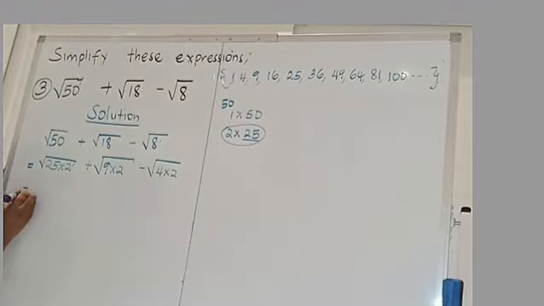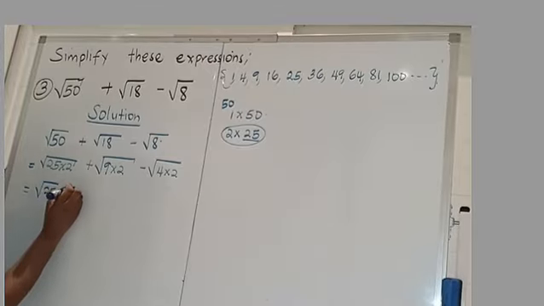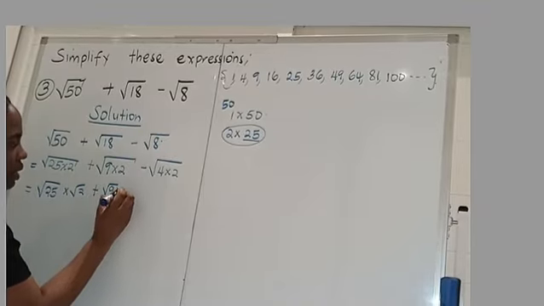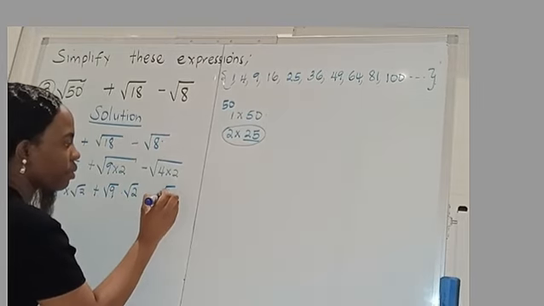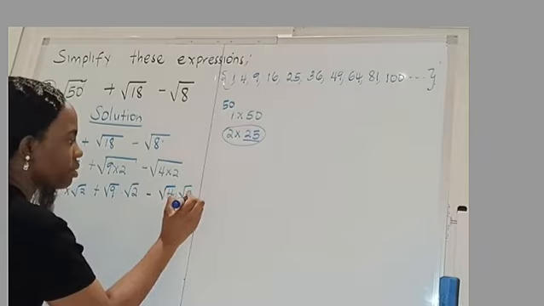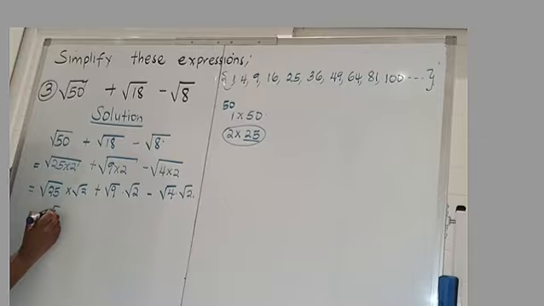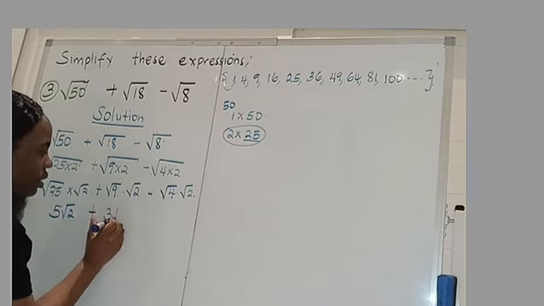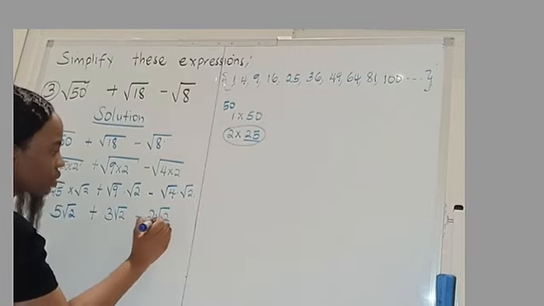So let us split. We have root 25 multiplied by root 2 plus root 9 multiplied by root 2 minus root 4 multiplied by root 2. Root 25 is 5, so 5 root 2, plus the square root of 9 is 3, so 3 root 2, minus 2 root 2.